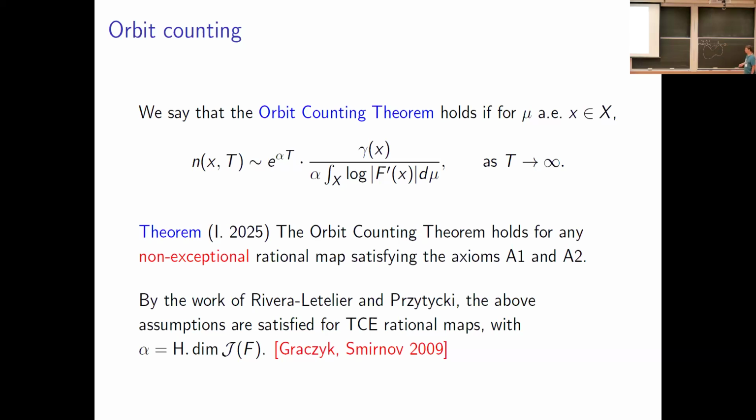Another class of maps has been defined by Graczyk and Smirnov. The two classes have a large overlap, but one isn't contained in the other. So they are different classes. And in fact, there has been further work on this.